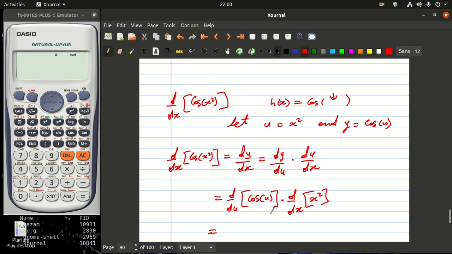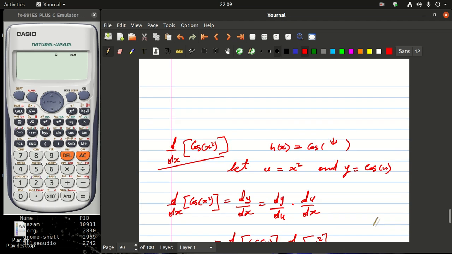So the derivative of cosine of u with respect to u is going to be minus sine of u, and then the derivative with respect to x of x squared, I'm going to bring down the 2 and then multiply by the variable and then subtract a 1. So it's going to be just 2x, or just minus 2x times sine of u, and my u was x squared. So that's how this thing is actually happening.